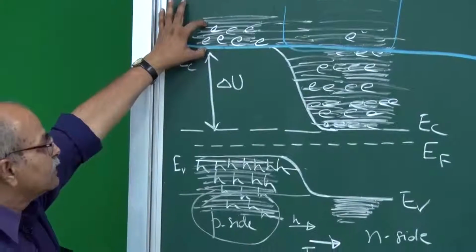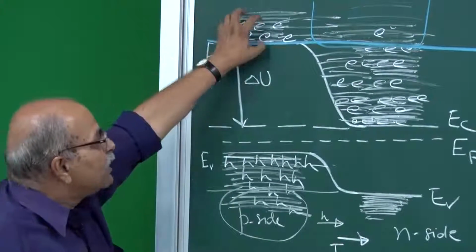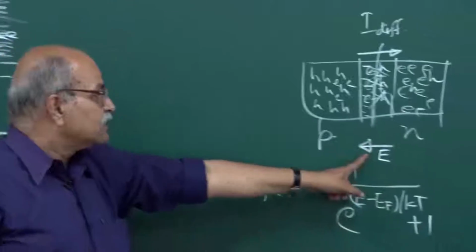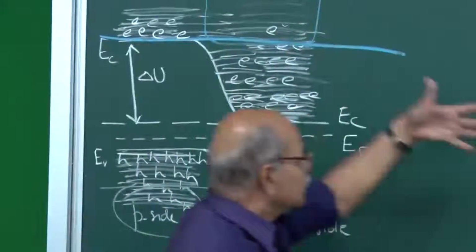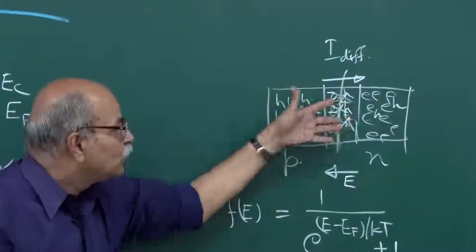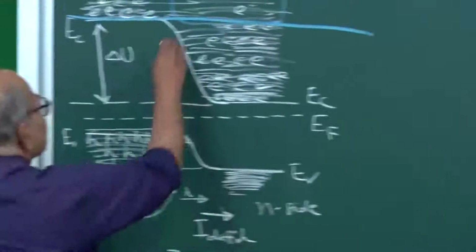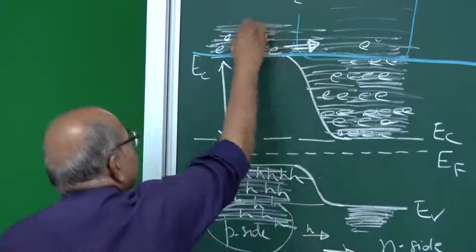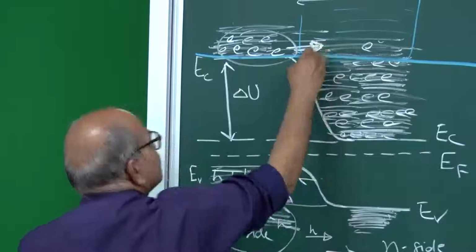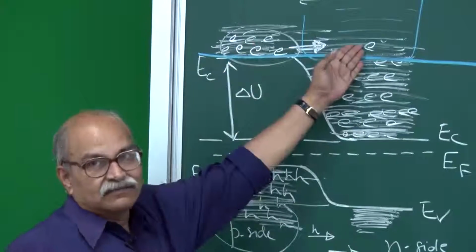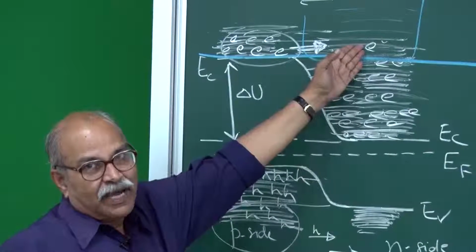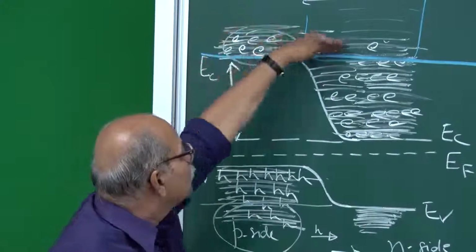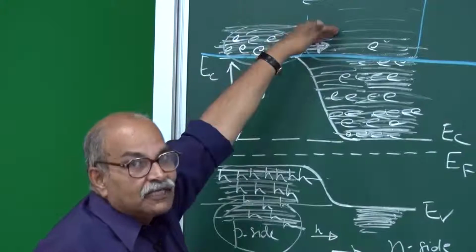These are the minority carriers. Because of this electric field, these electrons will tend to go towards that n side, in this direction. There is no barrier. They can very easily go. This electron can go, this electron can go, everything can go.